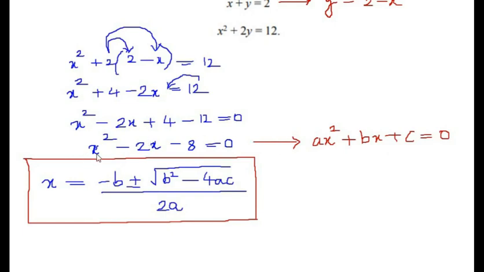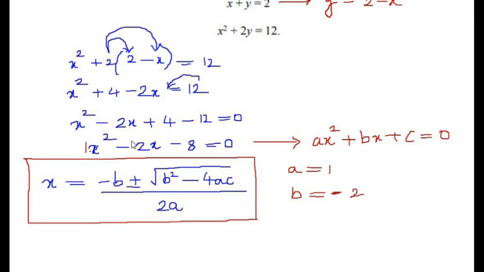Now comparing the values of a, b and c with this equation, we get that a is equal to 1, because with x squared there is a default 1. Now b is with the x term, and the coefficient of the x term is minus 2, so the value of b is negative 2.